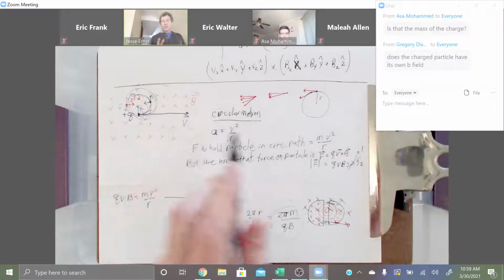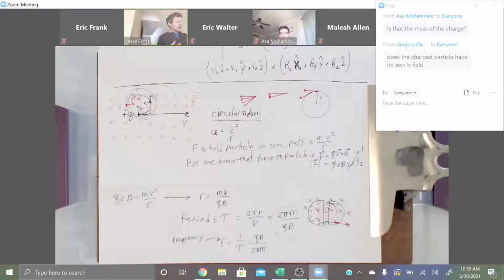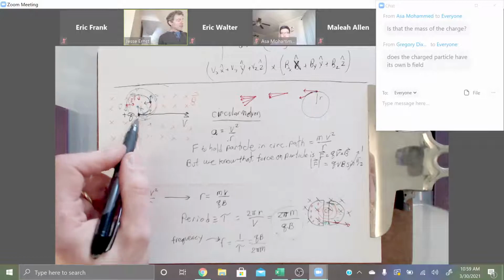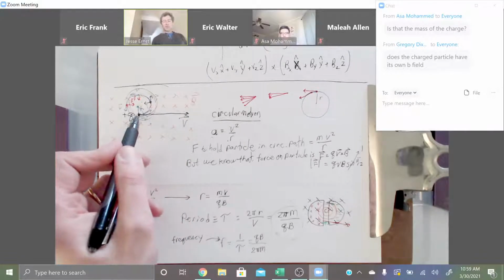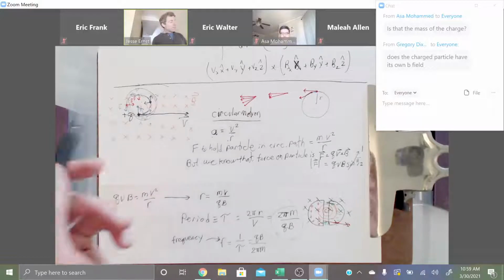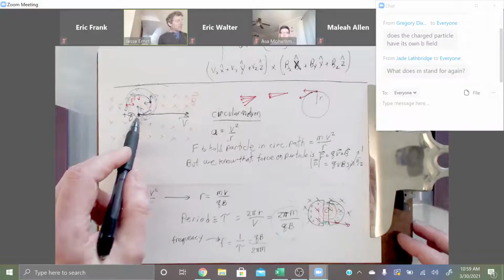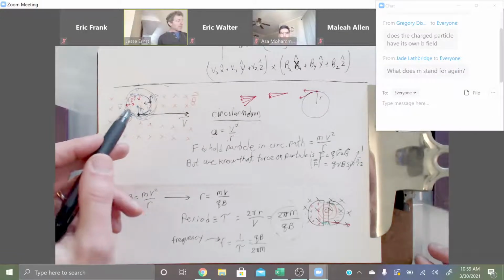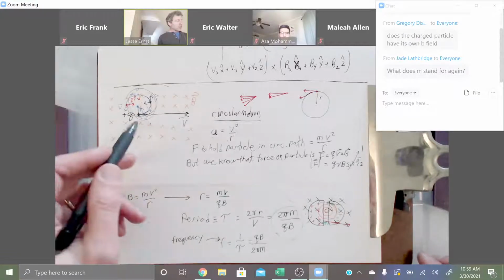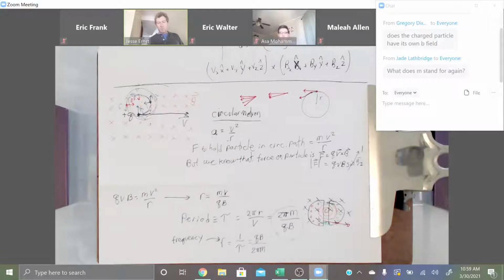Now, there is a trickiness about the fact that we, standing on the ground, say, well, I see a charged particle moving. And what we're going to learn is that moving charged particles create B fields. But when we talk about the Lorentz force, we're not talking about that. There's no self-induced force from the B field that the charge creates inducing a force on itself. Is that okay, Greg?